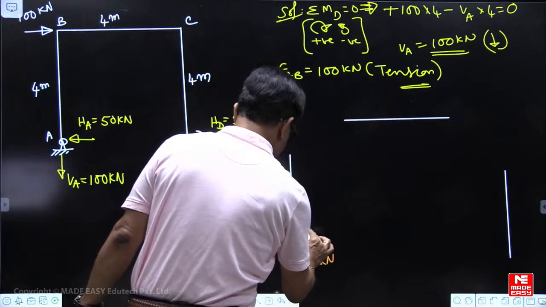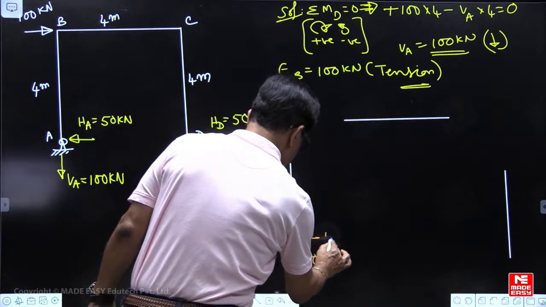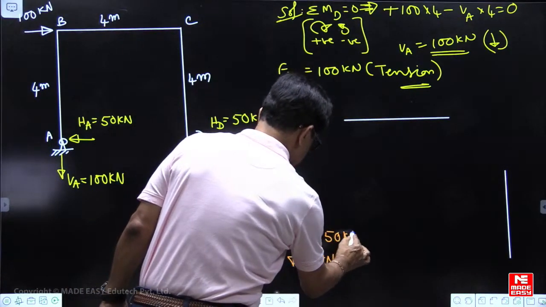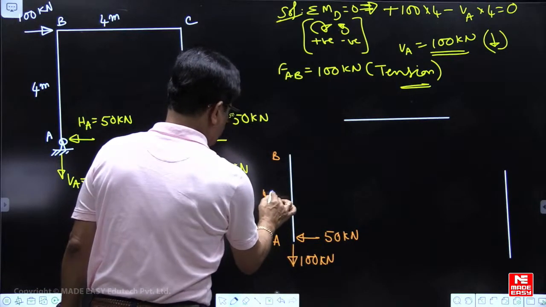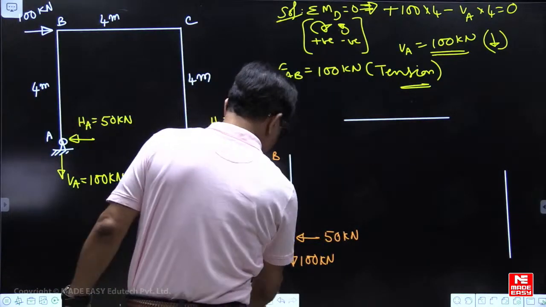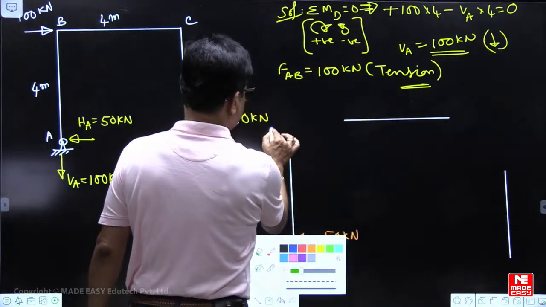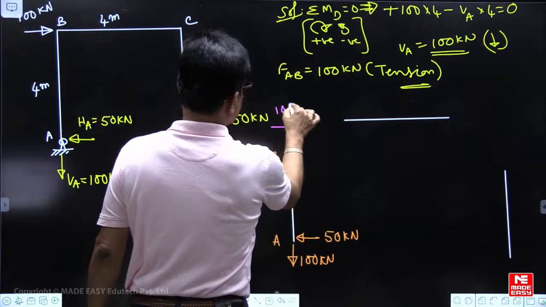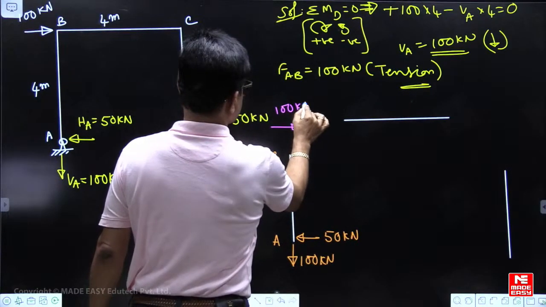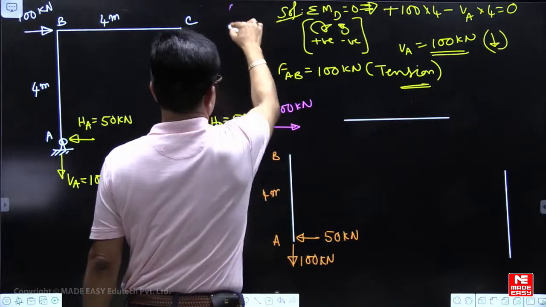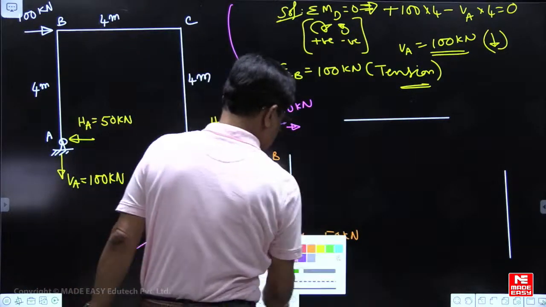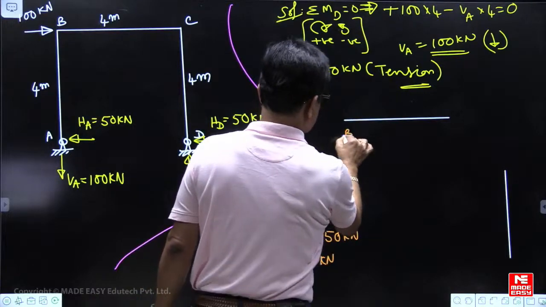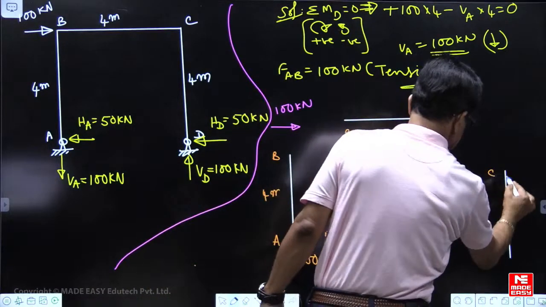Here it is 50. Let us say AB is 4 meters. Whatever 100 was there, that should not be kept on any free body diagram. We will keep it like this. Okay, this is AB, this is BC, this is CD.